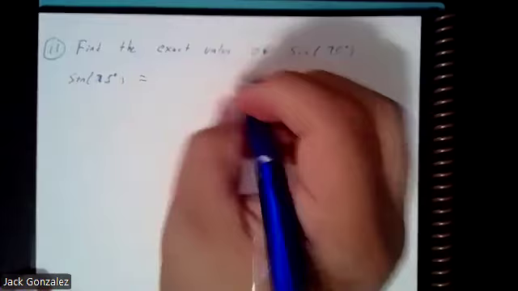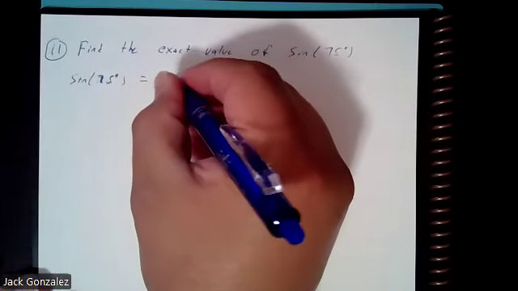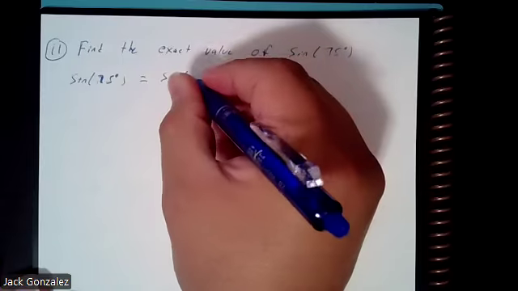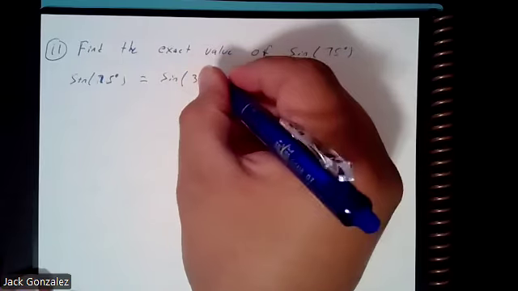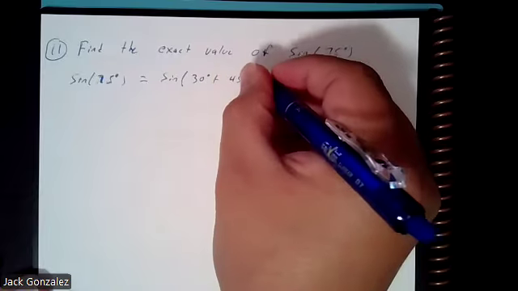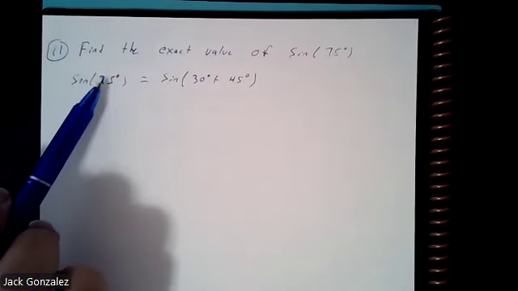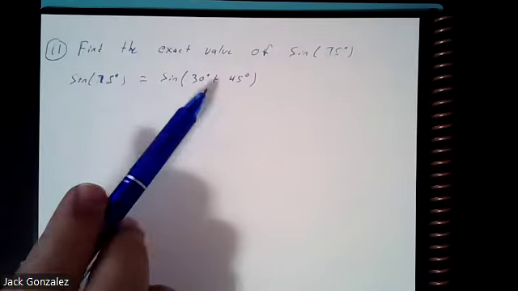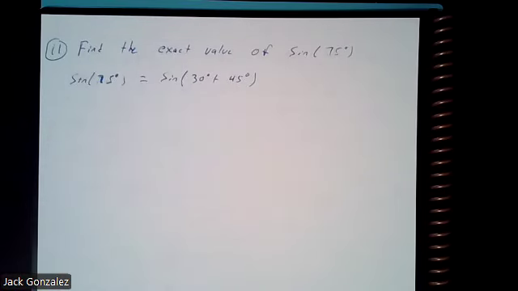Therefore, I have to use the sum and difference formula and say, well, I'm going to break this up into sine of 30 degrees plus 45 degrees. So I purposely picked it because you can break this into two angles that are on the circle. Okay.